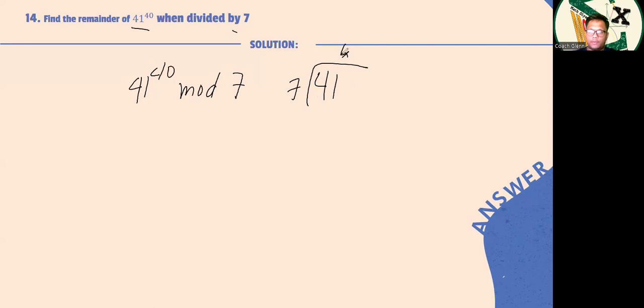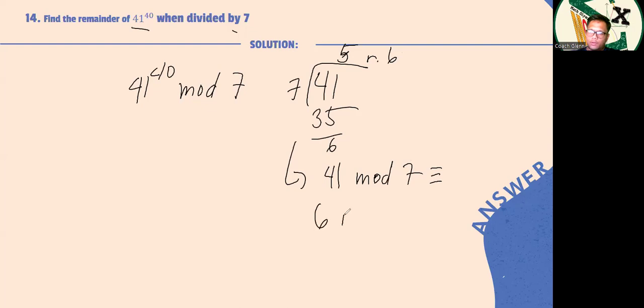No, 5 lang. 5 times 7 is 35. So we have a remainder of 6. Let's write this one first. So that could be written as 41 mod 7. Since it has a remainder of 6, then you can write this one as congruent to 6 mod 7.